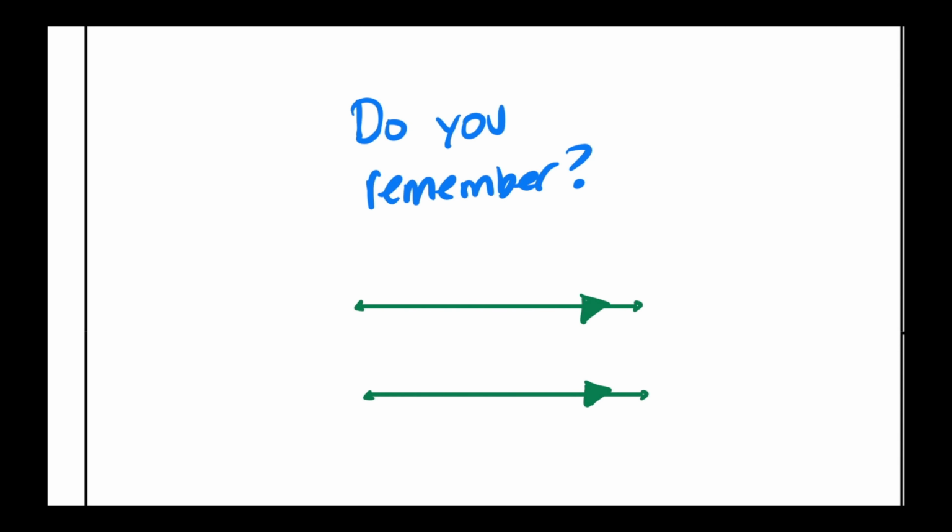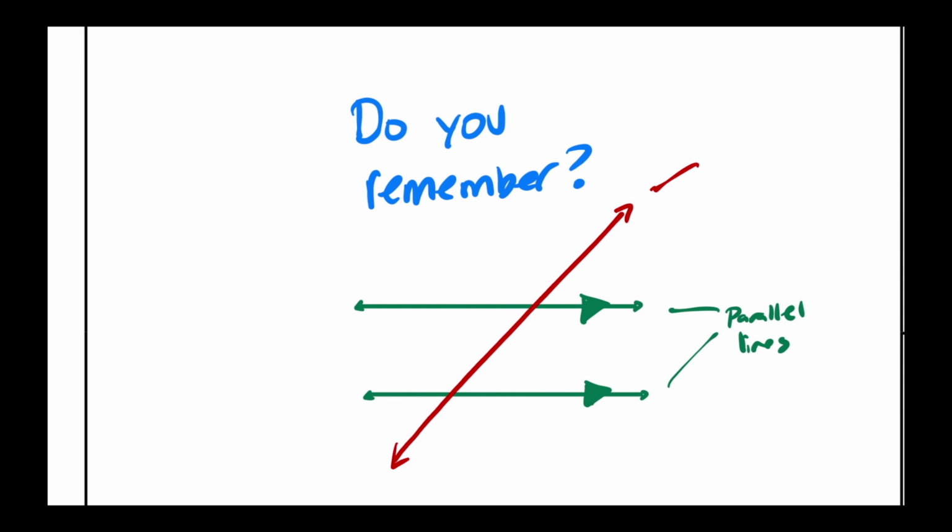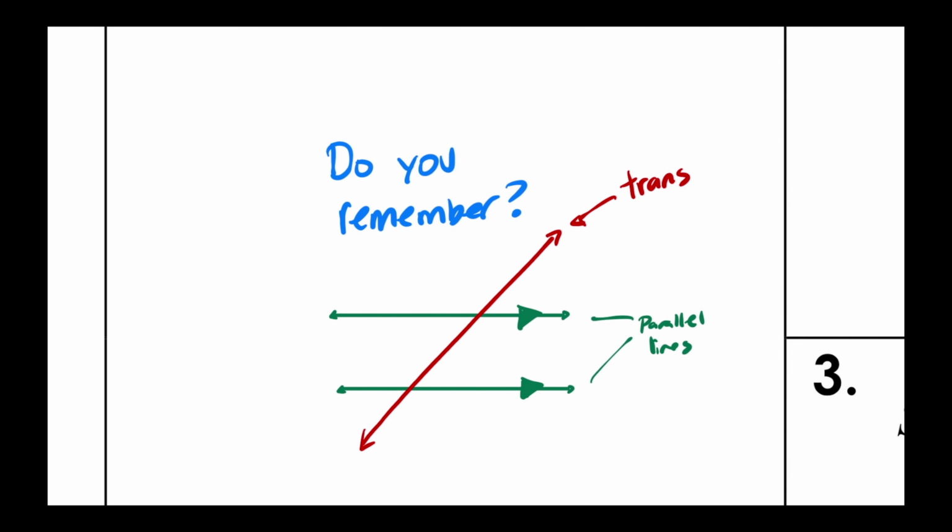And do you remember what this is? Right? These are parallel lines. And this is a, oh my God, I'm sorry. This is a transversal, right? So we have two parallel lines and a transversal.